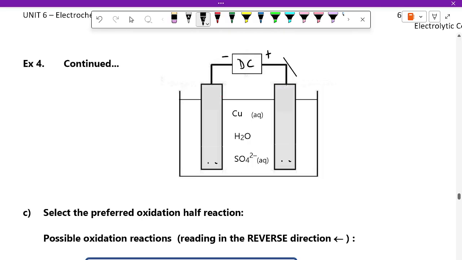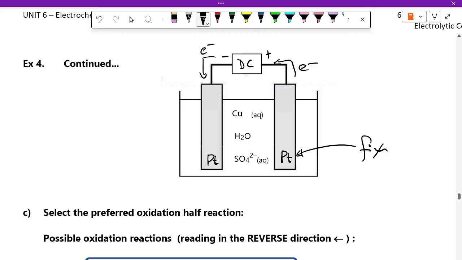I need to fix this. And what did we make these electrodes out of? Platinum. There we go.